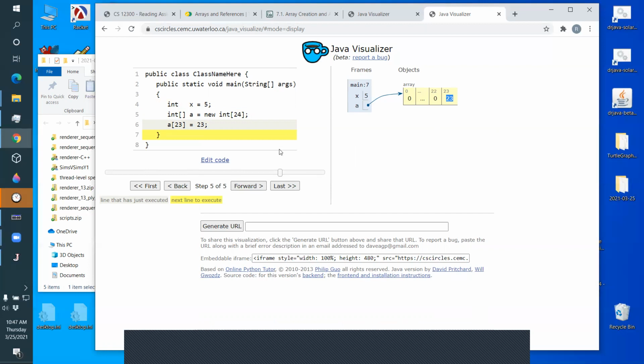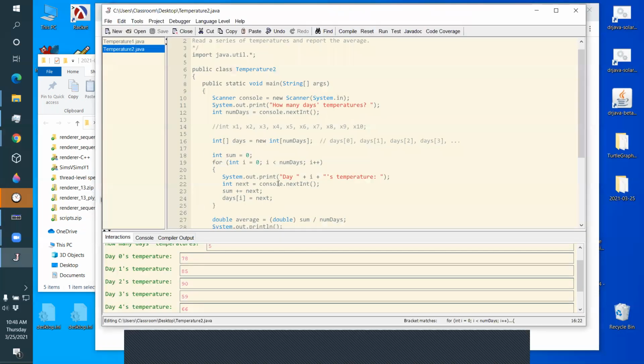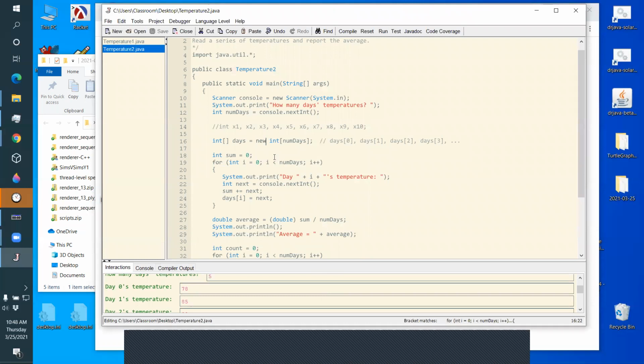So we'll do this when we come back. Let's see, today is Thursday. So on Tuesday, we'll do a lot of playing around with the visualizer to create arrays and see how they work. Okay. And the key is that we want a technique that lets us solve problems like this. The key idea here was I need a lot of variables, but I don't know how many until the program runs.